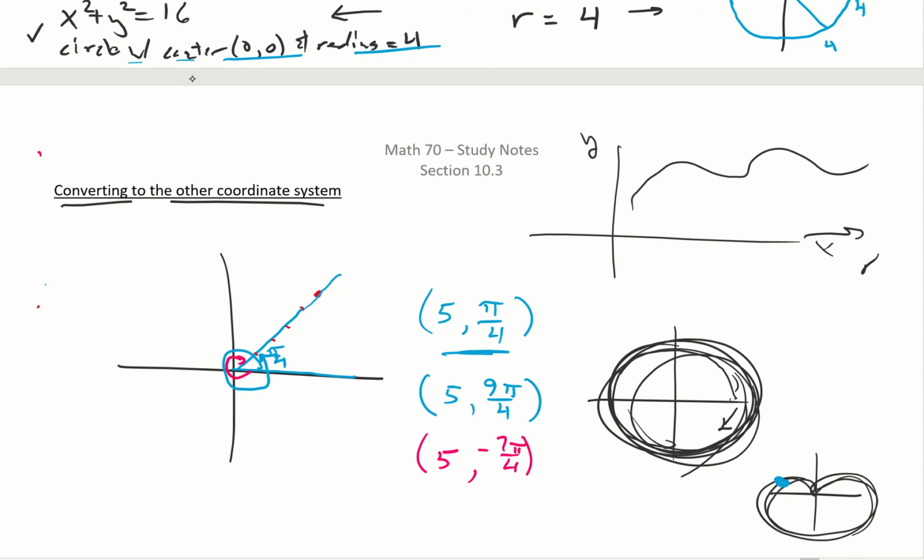So there is definitely an infinite number of ways to address, if you will, any point using polar coordinates.